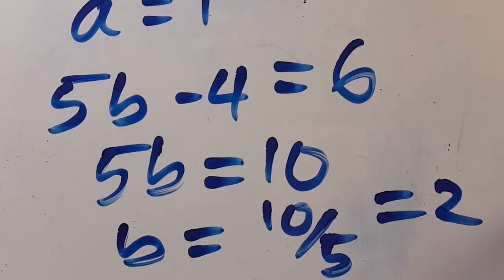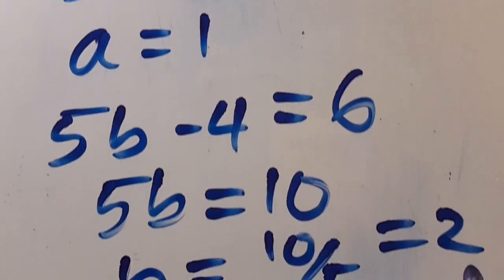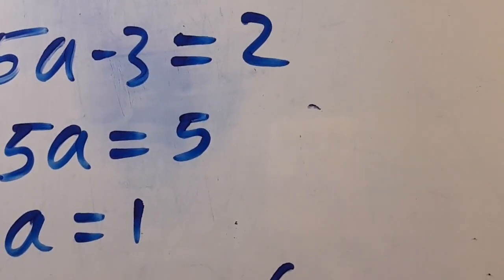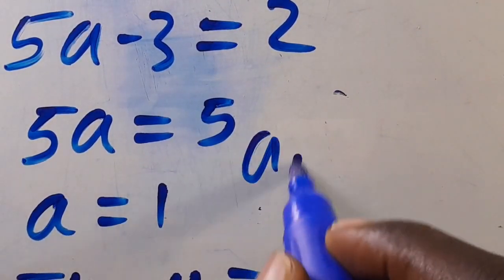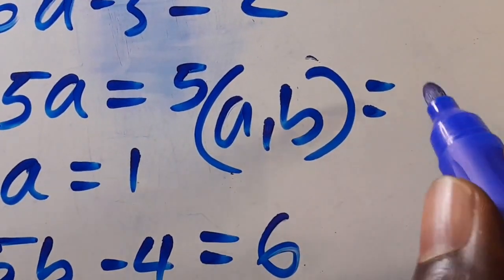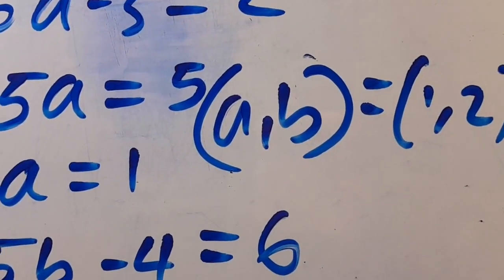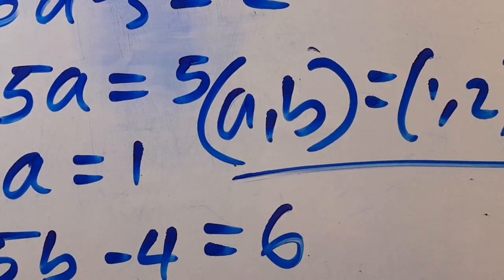So for the first one, we have our a to be equal to 1, our b to be equal to 2. So we can see that we have a comma b to be equal to 1 comma 2. So for the first solution, let's take it as this.